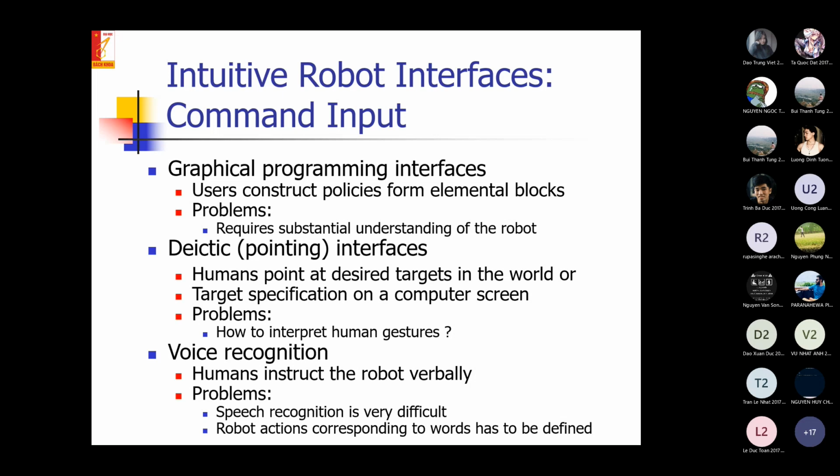And the second one, how can the robots interpret human gestures? The third one, the biggest problem, is that the robot's actions corresponding to the words must be defined beforehand.